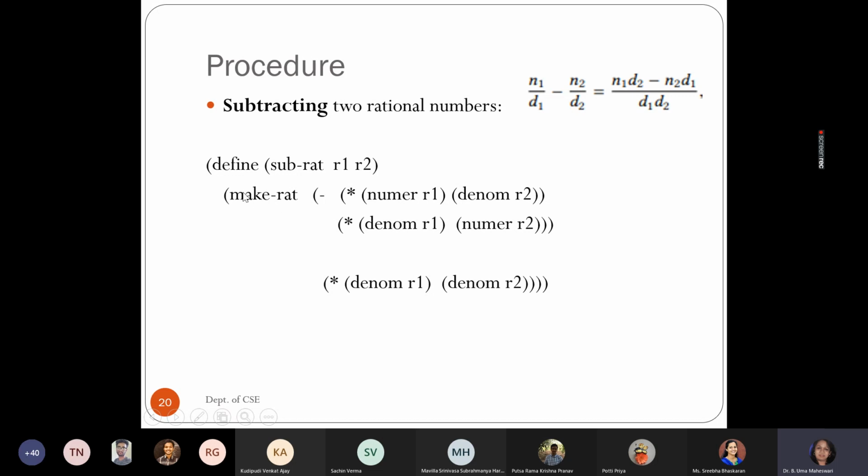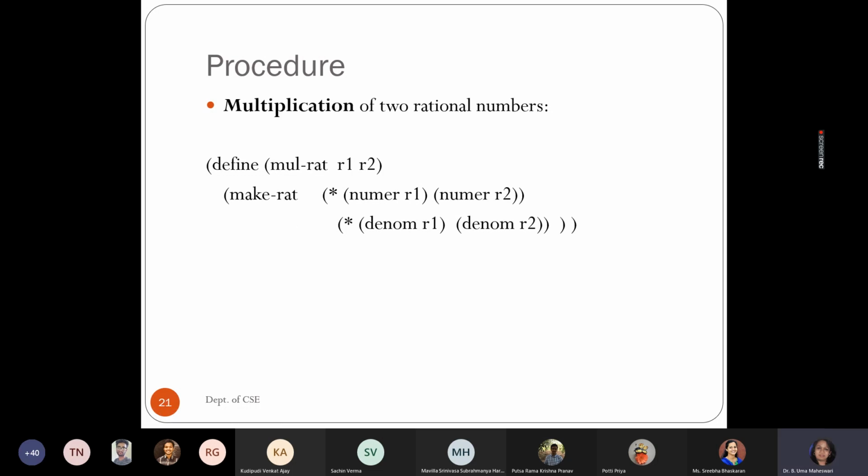So construct a pair by using make-rat, and the first part is this one, the second part is this one. Given two rational numbers, I will get the numerator and denominator, and correspondingly I will use this expression and construct a pair. This is for the subtraction.